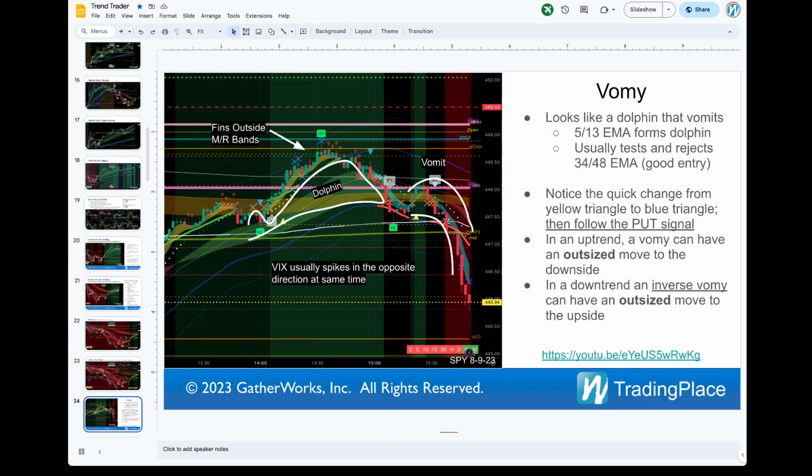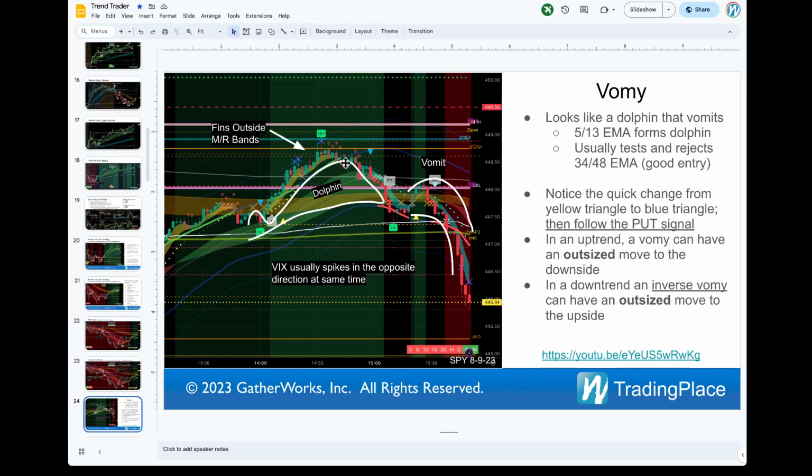The VAMI, that's something that Sadie, I think, invented and named, with his team. But the idea is you get an outsized move. You see the EMA clouds go up. It starts to look like a dolphin. It's got these fins up here.